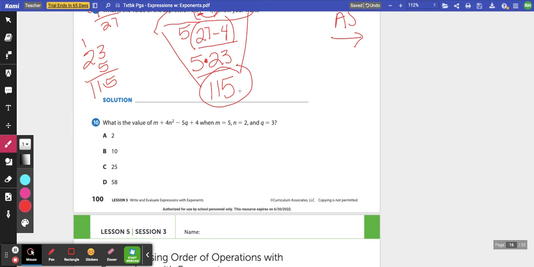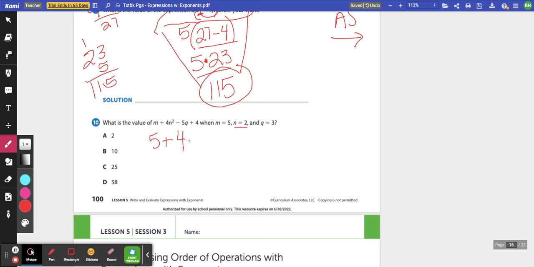Last but not least, on this one, we have our variables, and then they tell us what each variable is equal to. So I have to substitute in first, and then I'm going to solve. The value of m, well, it says m is 5 plus 4n squared. Well, I know that n is 2. So I'm not going to write 42 squared.